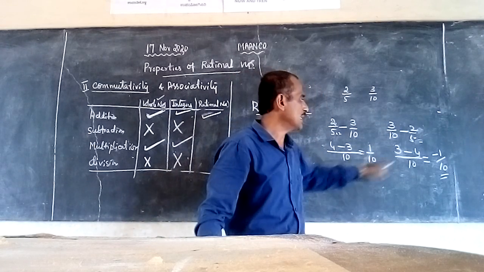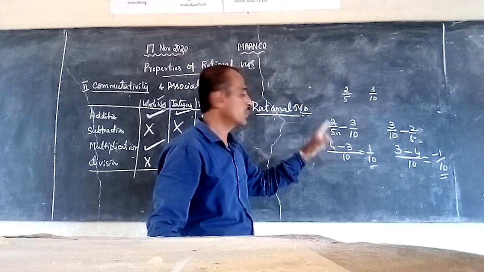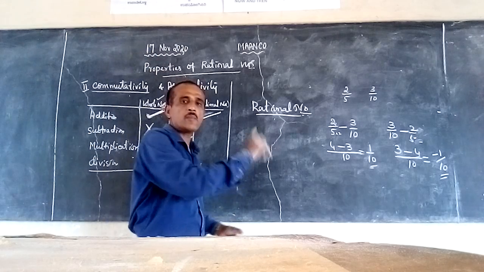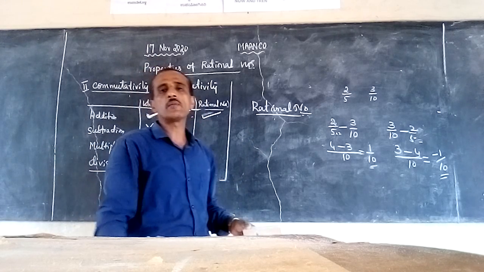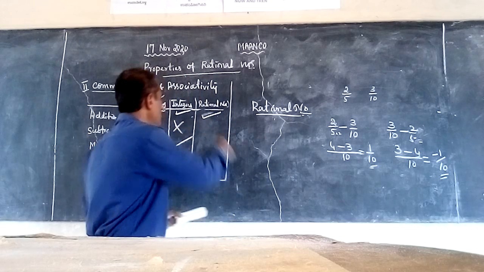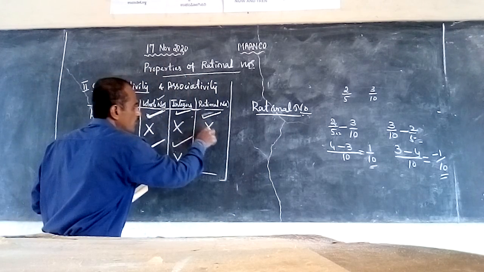So 1 by 10 is not equal to minus 1 by 10. Therefore, subtraction is not commutative. A minus B is not equal to B minus A for rational numbers. Subtraction is not commutative for rational numbers.